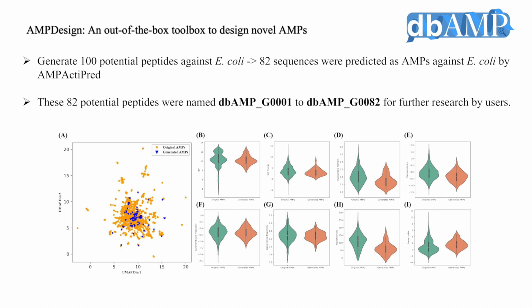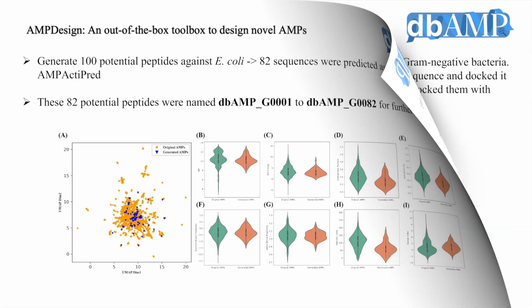This inhibitory effect is due to their physical and chemical properties closely matching those in our dataset. We have named these 82 potential peptides DBAMP G0001 to DBAMP G00A2 for further research by users.